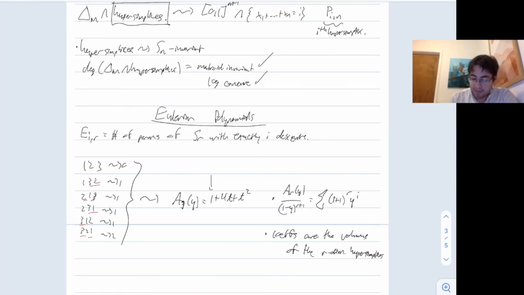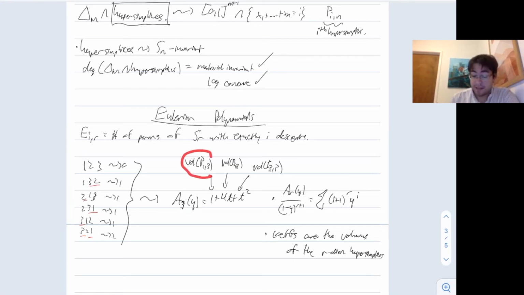So, for example, this is the volume of P_{1,3}. This is the volume of P_{2,3}, and this is the volume of P_{3,3}.